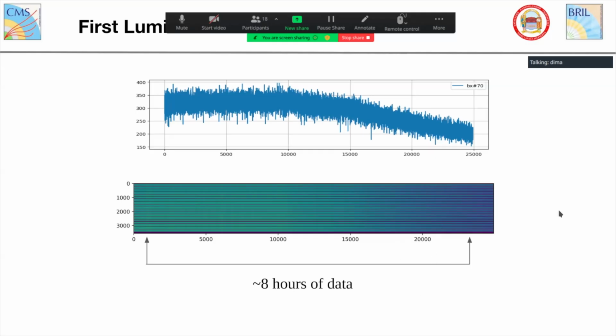We will do some calibration with VDM scans, and hopefully we'll get direct luminosity measurements and compare them with what we measure from other luminometers, and get an estimation of how this method works, how good it is, how bad. That's it. Questions?